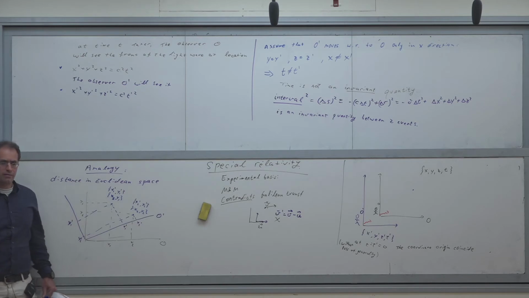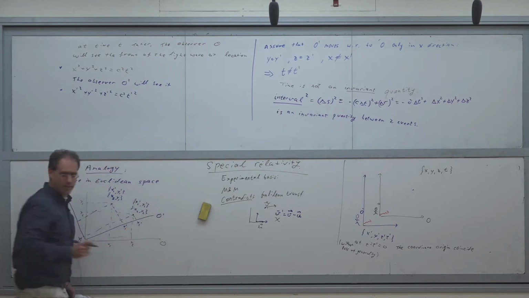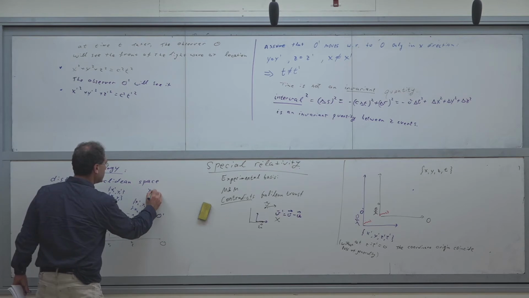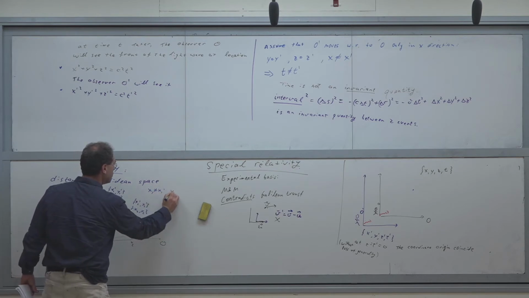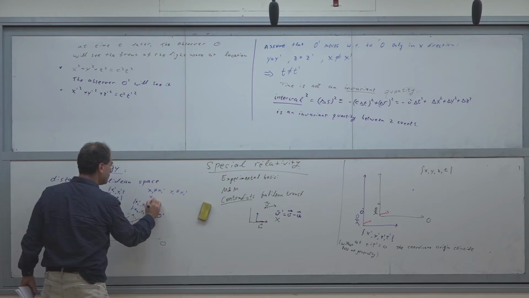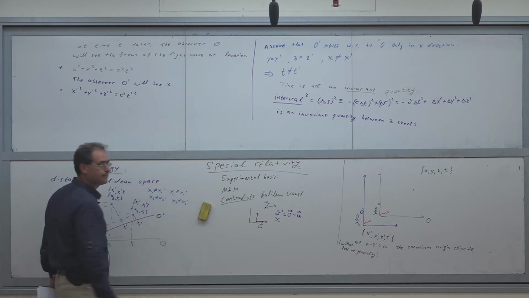Now obviously, x1 is different from x1 prime, y1 is different from y1 prime, and the same: x2 is different from x2 prime, and y2 different from y2 prime.